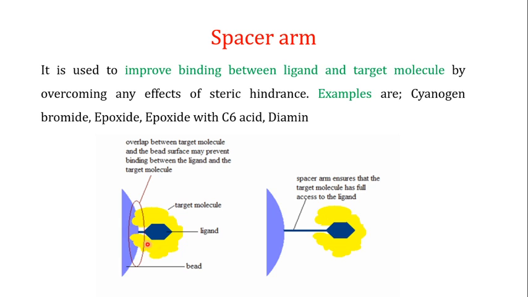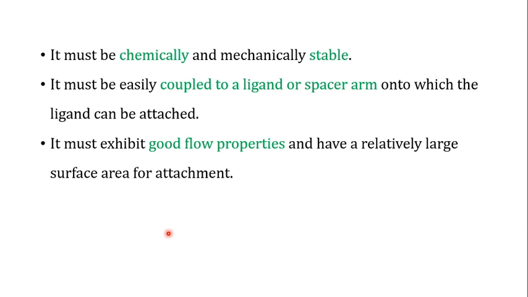Now if you see over here, the ligand is in very close interaction with this matrix, and it is therefore not allowing a proper binding site for this target molecule. Now what the spacer arm does is, as you can see, this is the spacer arm. On one side it is attached to the matrix, and on the other side it is attached to the ligand.